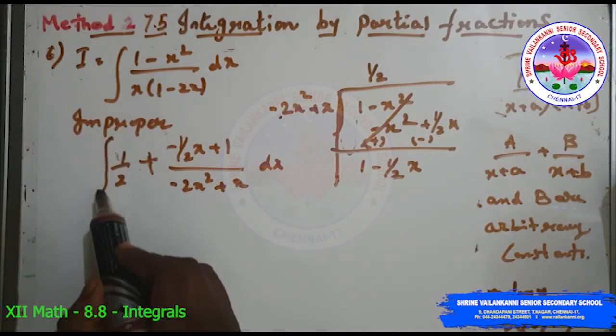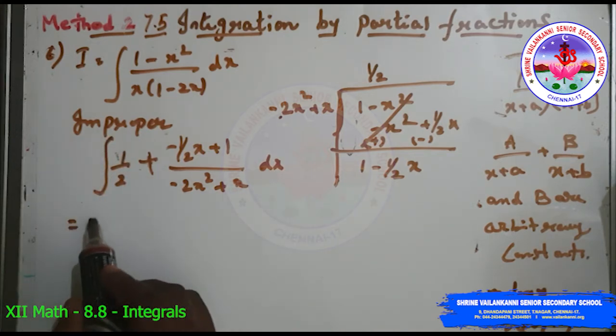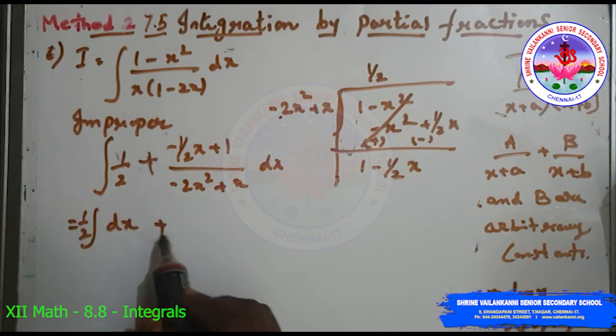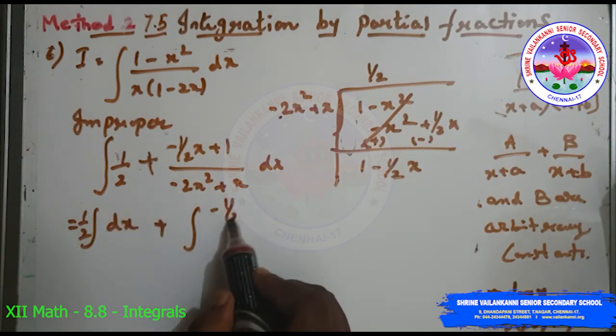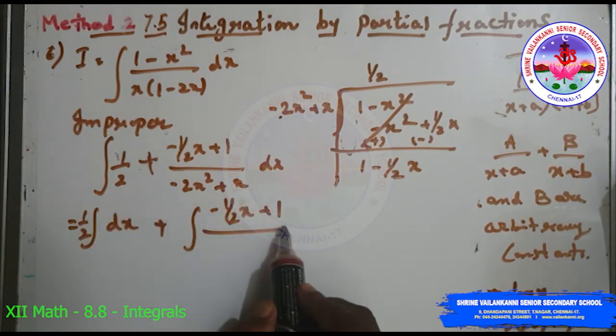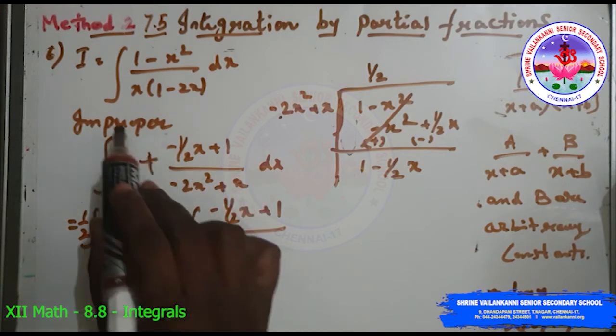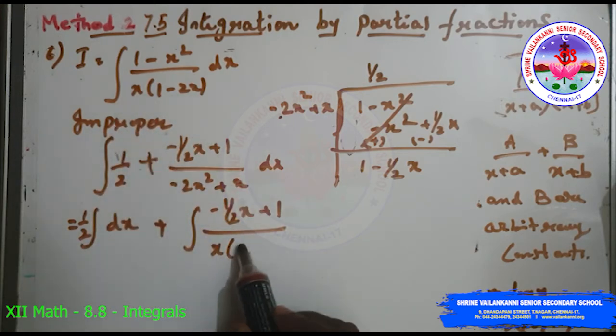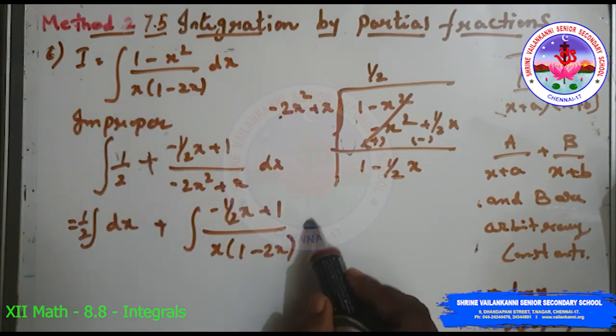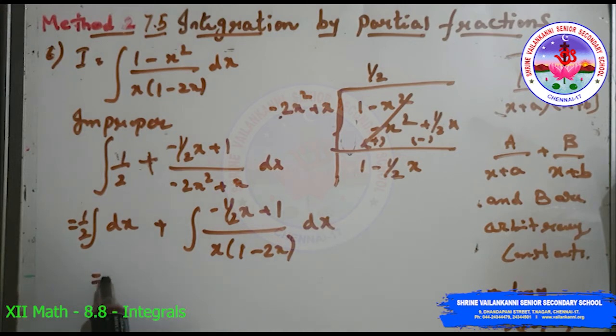We have to integrate this. So separating this, half of dx plus the integral of (minus half x plus 1), which I'm writing as x into (1 minus 2x), dx. Integrating dx, we get half x plus I1. Let's integrate I1 separately.